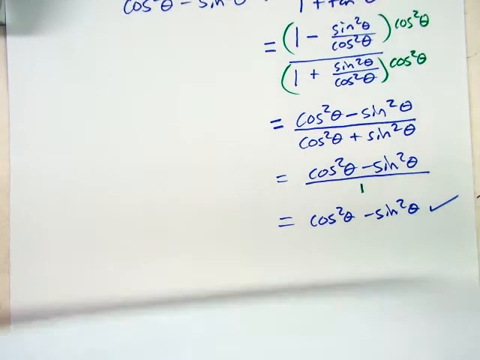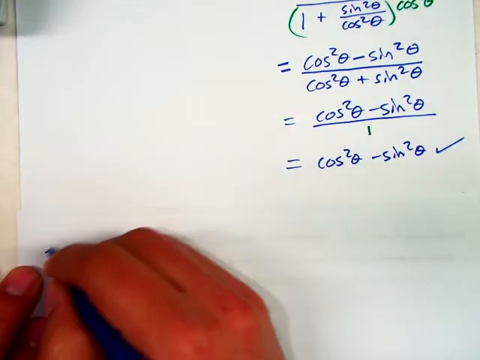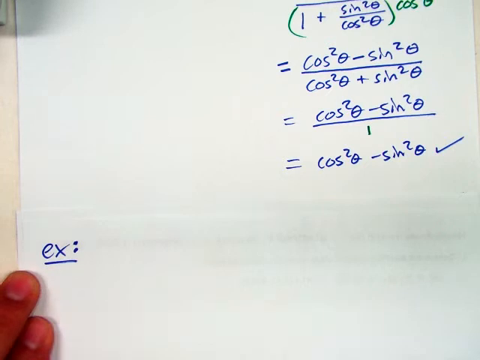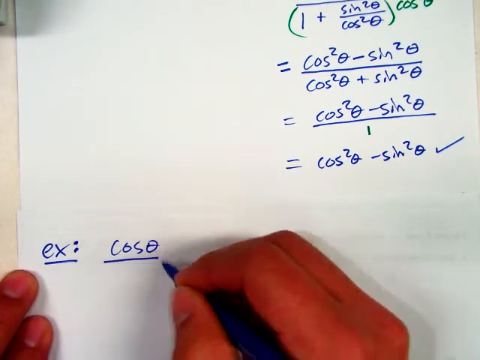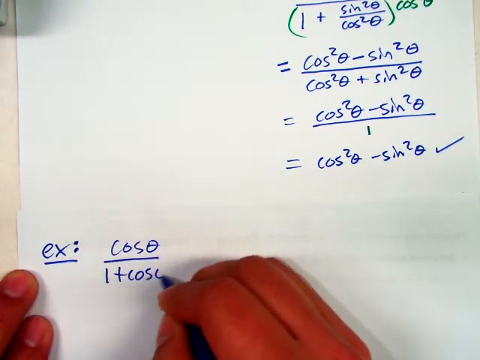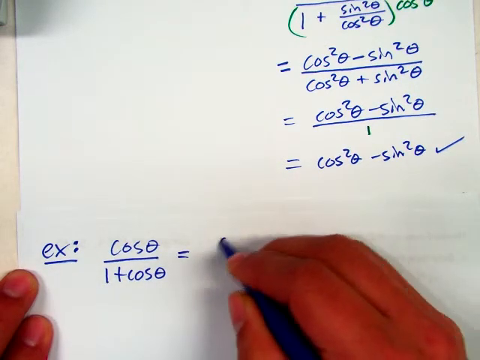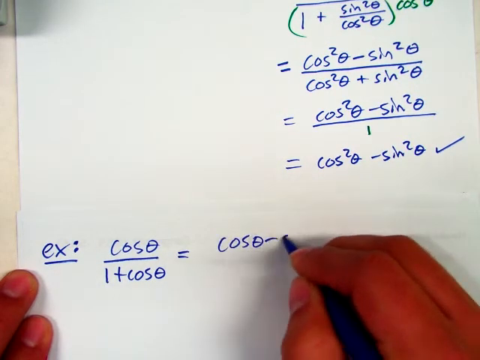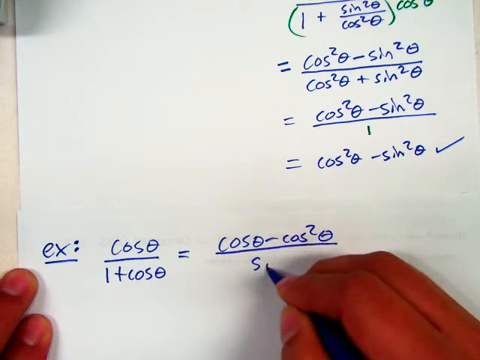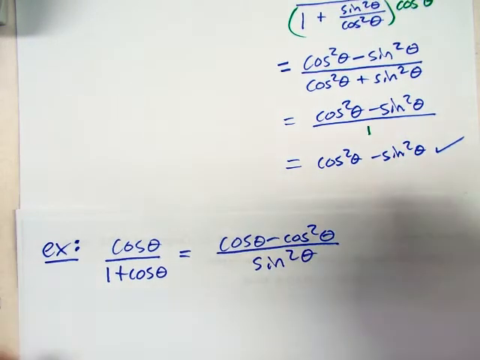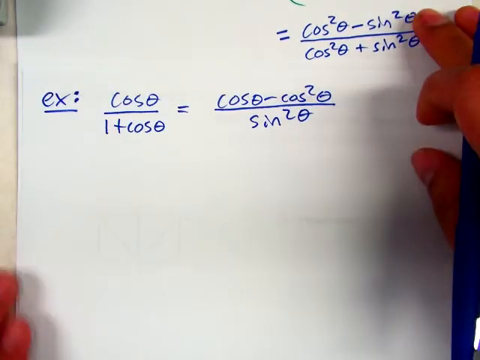Okay, last example, all right? Cosine theta over 1 plus cosine theta equals cosine theta minus cosine squared theta over sine squared theta.